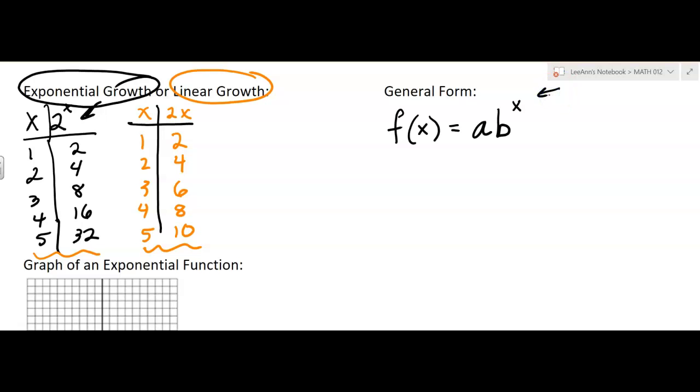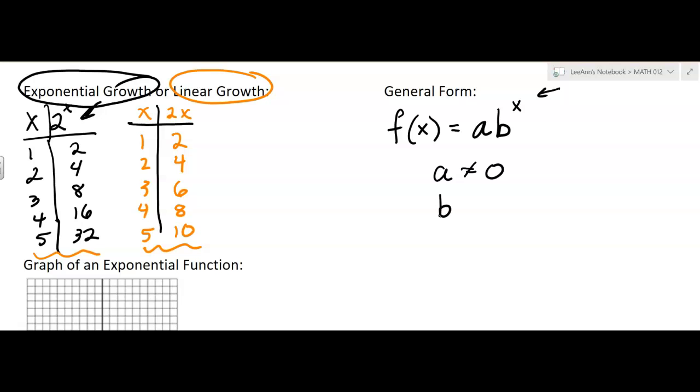That's what makes it an exponential function. Okay, a can't be 0. That's just a thing, because then you just have 0 and it wouldn't be an exponential function. b is the base, and that one's a little bit trickier.